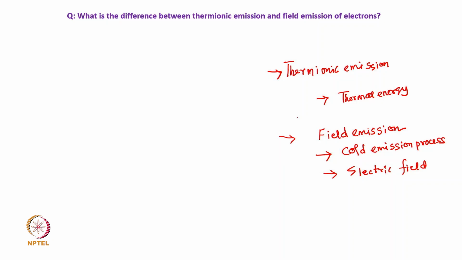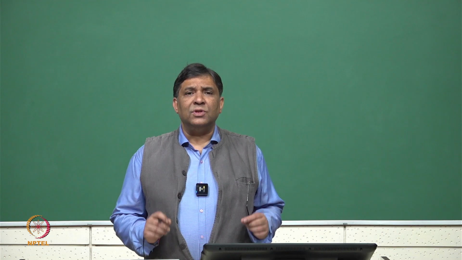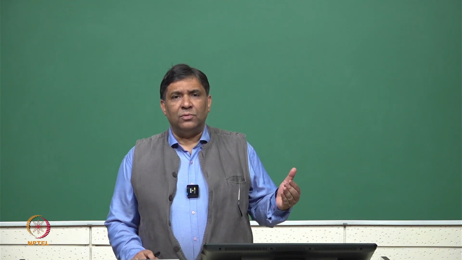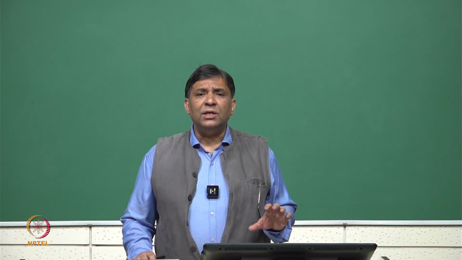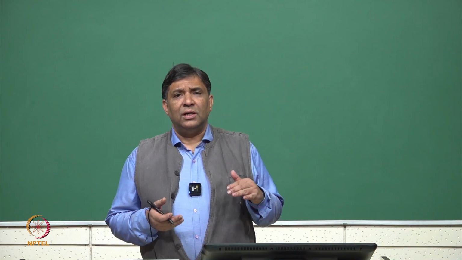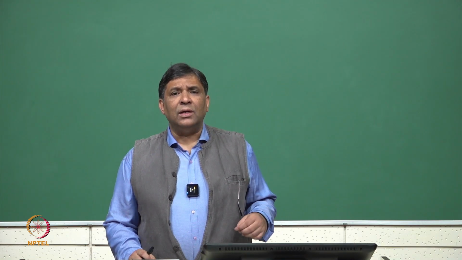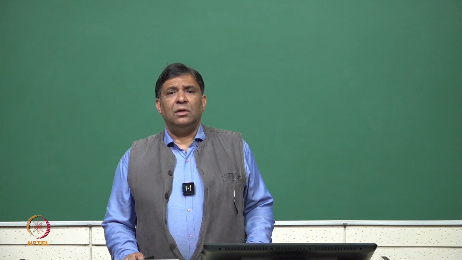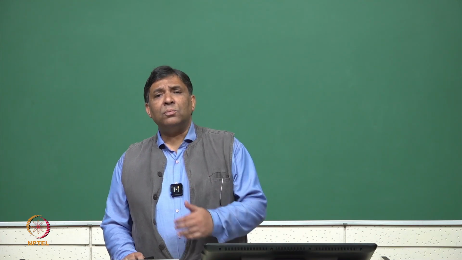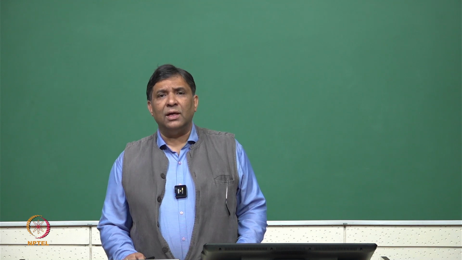In the thermionic emission process, electrons get energy from the heat source and start moving, and some of the electrons which can cross the work function of the material come out. That is the thermionic emission process. But in field emission, as there is no heat energy, it is only this electric field induced effect. The electrons from the Fermi level come out by a process which is quantum mechanical tunneling.